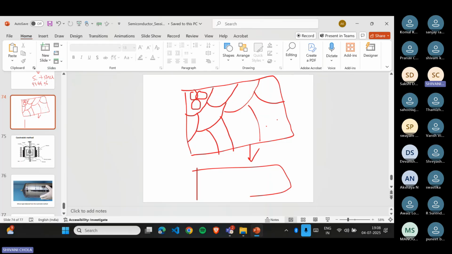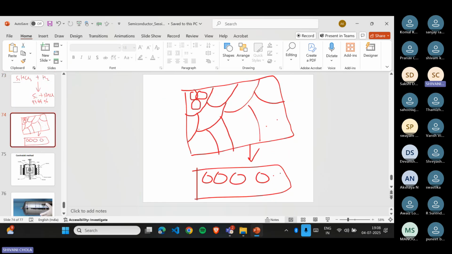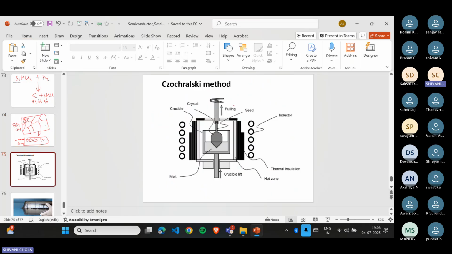You have one clear crystal and it will not have any defect. Got it? This is polycrystalline, and this is monocrystalline. To convert the polycrystalline silicon to monocrystalline, we use a process known as the Czochralski method.